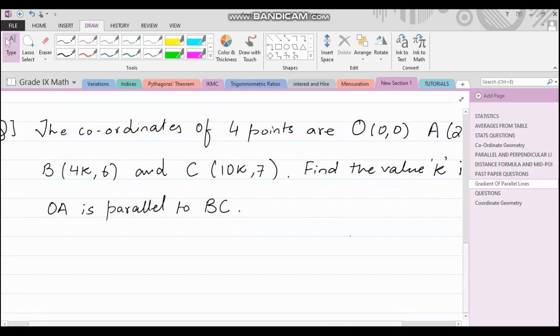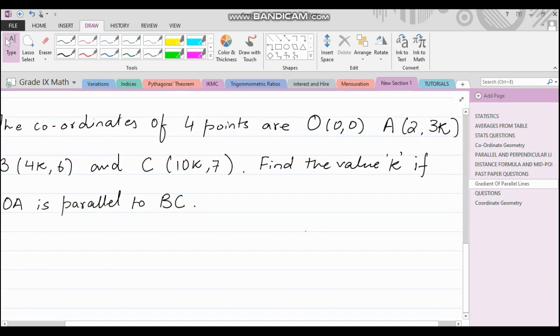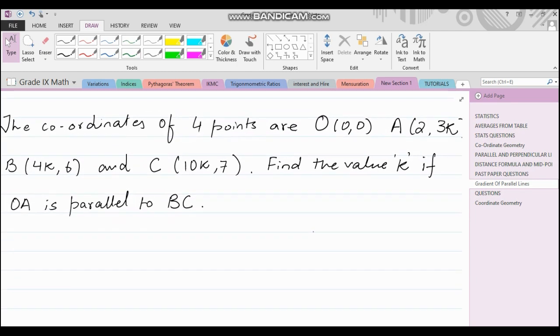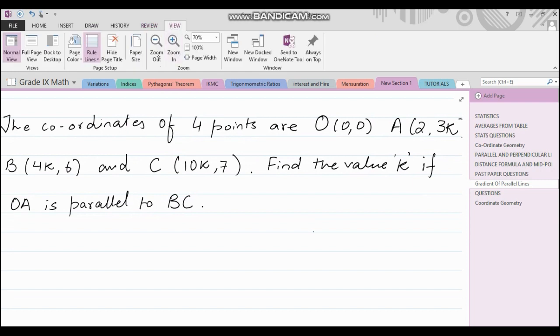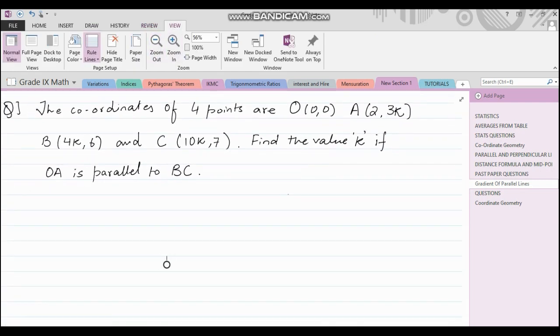Let's take more questions. The coordinates of 4 points are given, and they are asking you to find the value of k if OA is parallel to BC. So let's see.